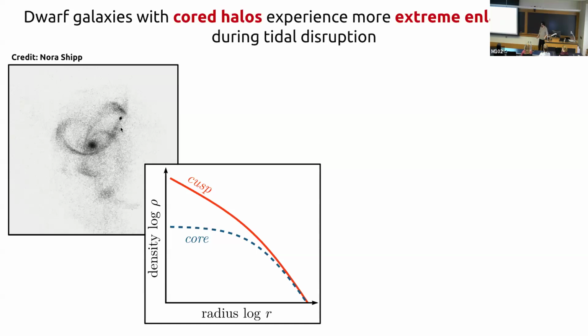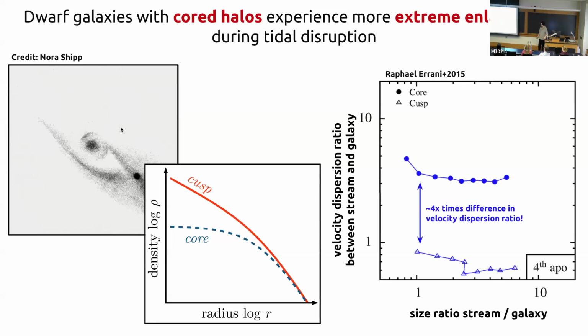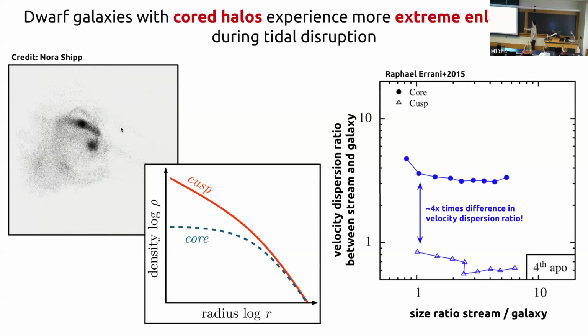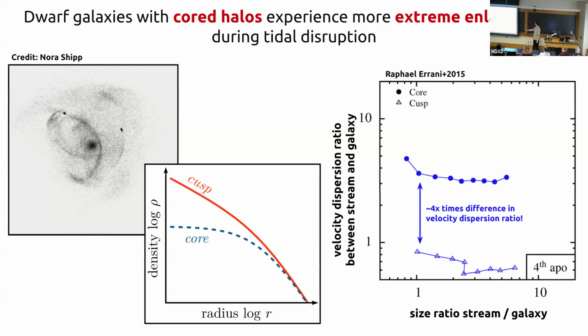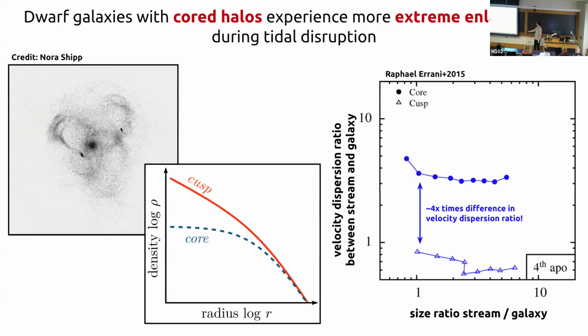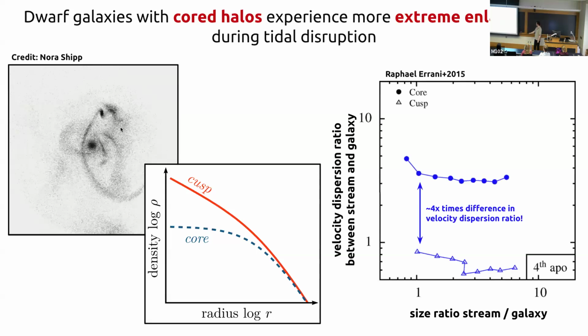So this is really good. However, one of the predictions that I mentioned from these authors, again from 2015, is what they realized when they looked at N-body simulations with different density profiles experiencing tidal disruption. In this figure, the circles are the Navarro-Frenk-White cuspy halo prediction from the simulation, and the triangles are the core prediction from the simulation.